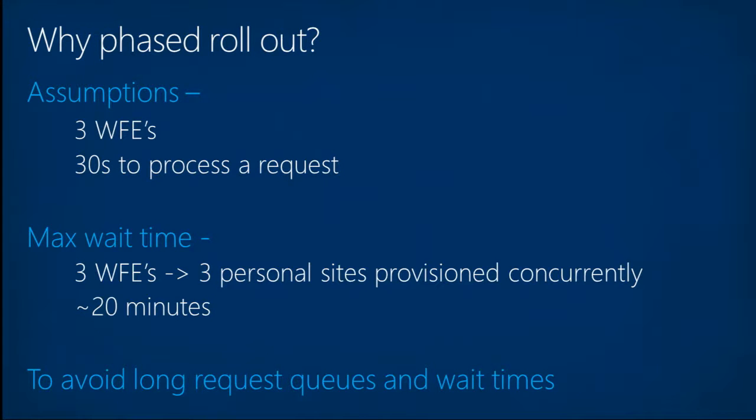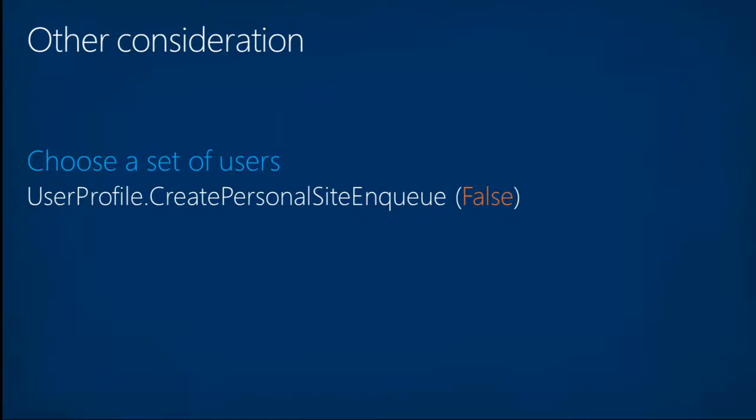Now, something else that you can explore is to use the Create Personal Site Enqueue API. What you could do is choose the highly active users from your 5,000 users, come up with some kind of pre-provisioning strategy, and pre-provision personal sites for these users so that as soon as they click on the link, it's all set up for them to start using all the social and other features.